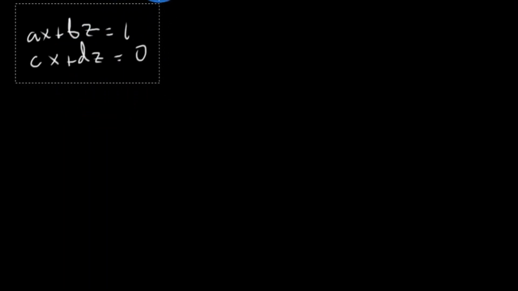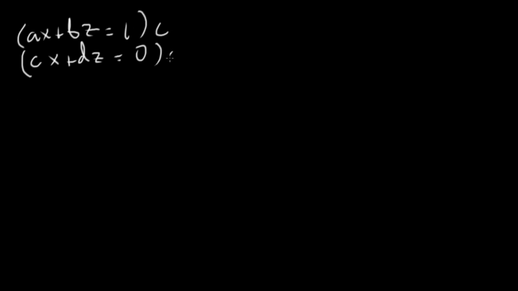We're going to do something similar. We are going to multiply this thing by C. Let's multiply this thing by A. And then we get CAX plus BCZ is equal to C. We get CAX, we can get rid of this, plus DAZ is equal to 0.